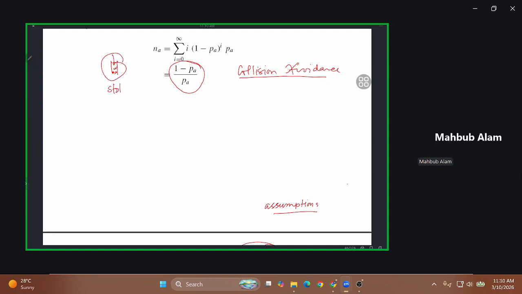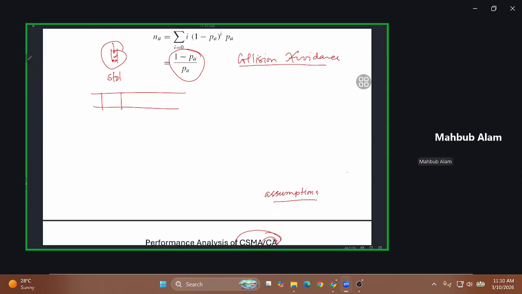Now we also divide the channel time into other time periods, one of which is SIFS, which is a type of IFS, and another one is DIFS. So let's start with DIFS. Does anyone know the meaning of DIFS?